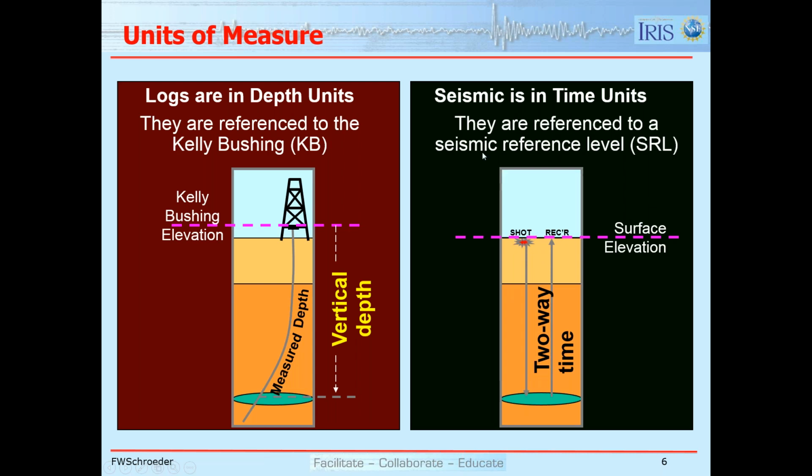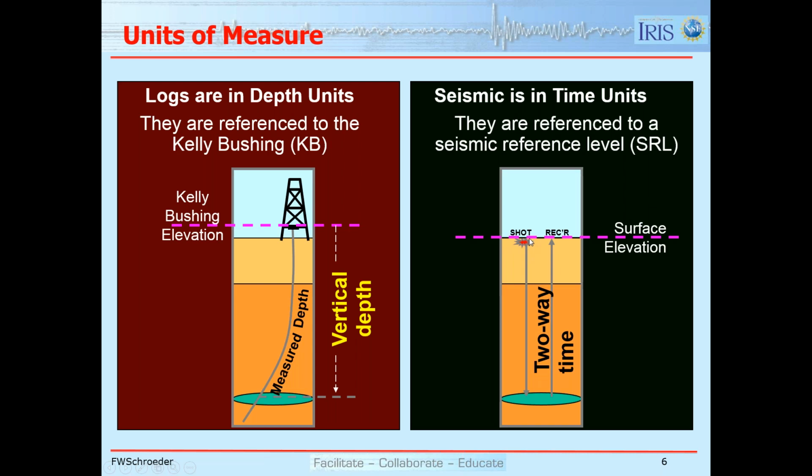There is something that we call the seismic reference level or seismic reference datum, and all the seismic in a particular survey will have a single value for that. If we are acquiring data at or very close to sea level, that would be the reference datum.